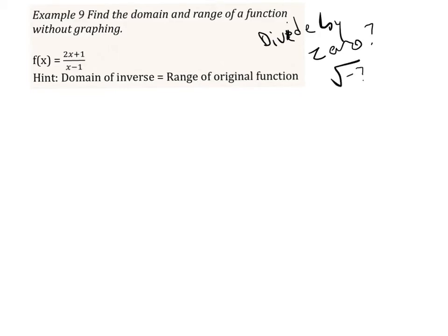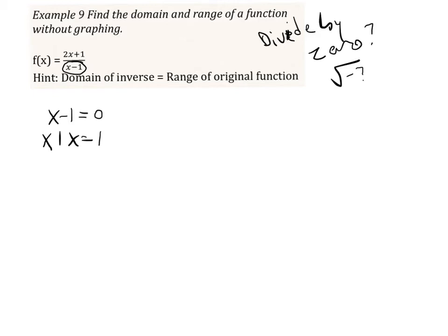Because if anything makes us do that, then it can't be in our domain. For this problem, there's no square roots, but there is an x minus 1. So I'm going to set my denominator equal to 0 and x equals 1. So my domain is x provided that x can't equal 1.